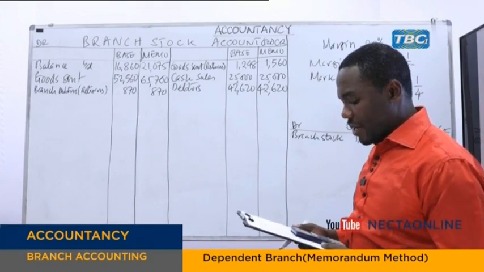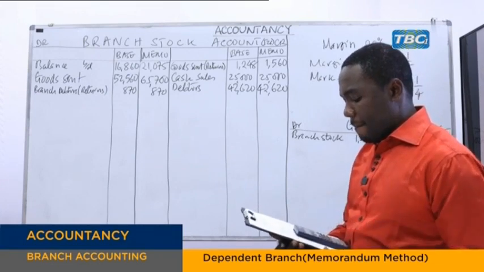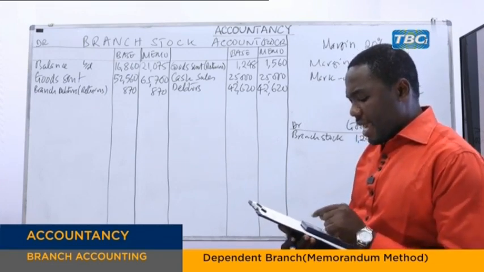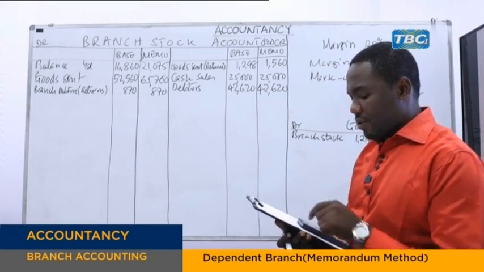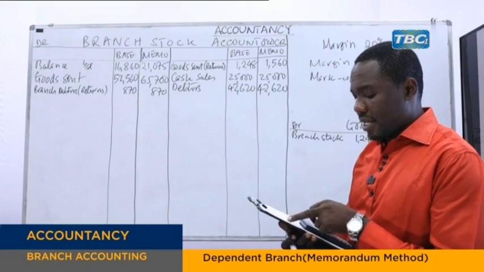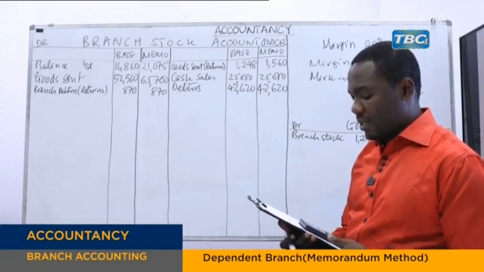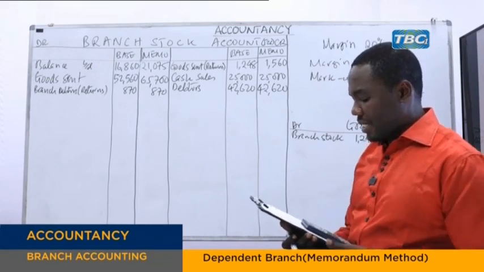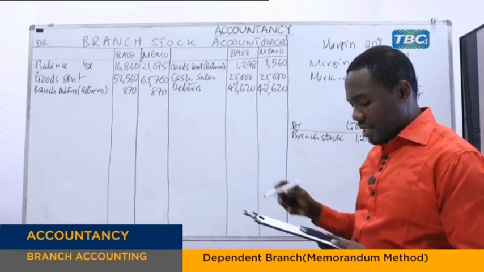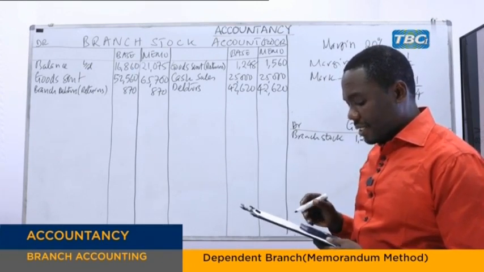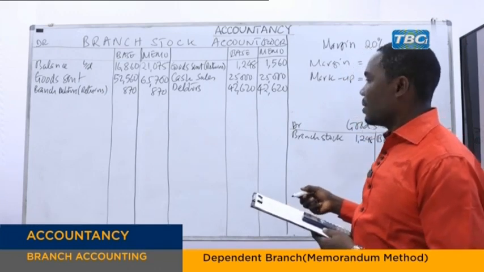Then there were expenses paid by the head office. They should be credited to either cash or bank account. And of course, if the account had been opened, we could enter this item to that account. Because it is not required, it will not be part of this account. Then we go to the next, that is discount allowed to debtors. This was a discount allowed to debtors.